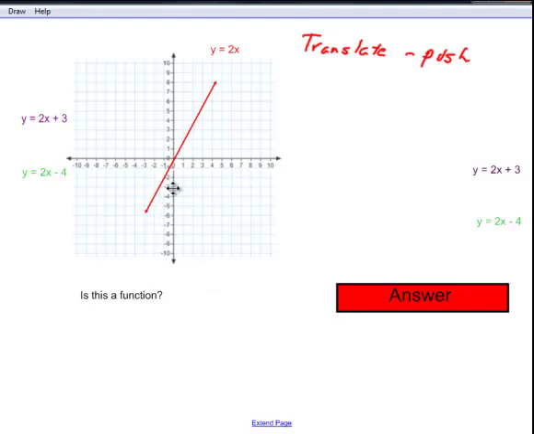It goes through 0, 0, and in fact, the original equation is y equals 2x. That's a direct variation. But if you notice over here, we have two other equations. So what we want to do is translate this red line into the purple and green line.